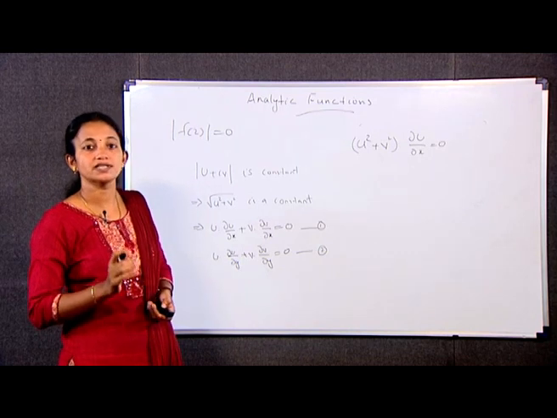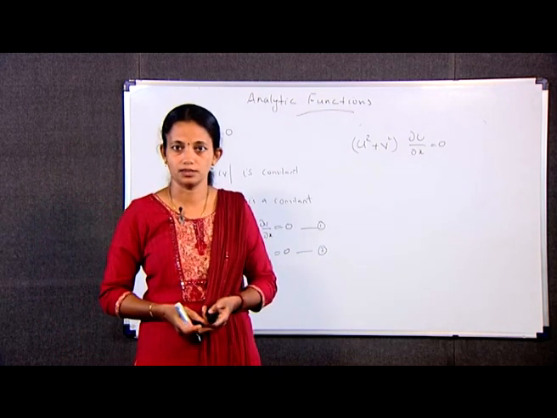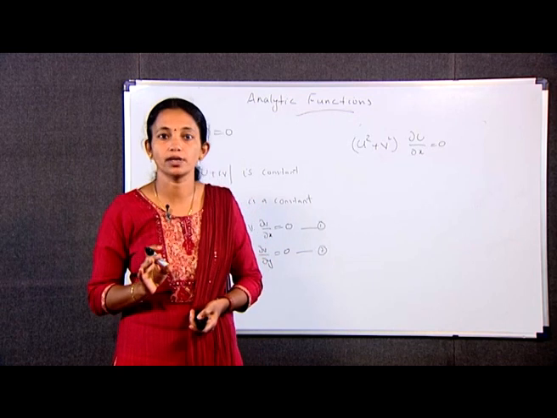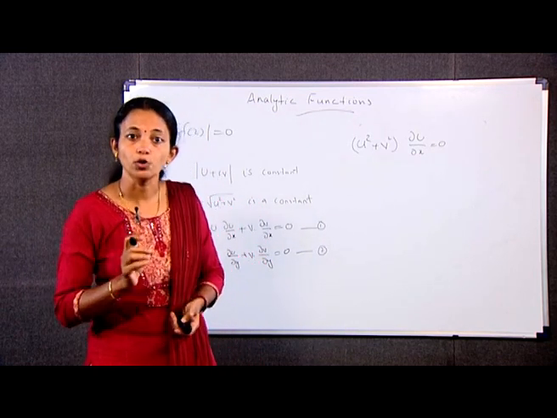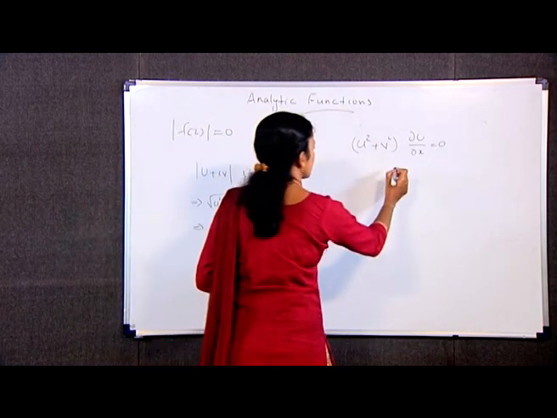Since mod f(z) is a non-zero constant, u square plus v square is a non-zero constant, and the above implies dou u by dou x is equal to 0.